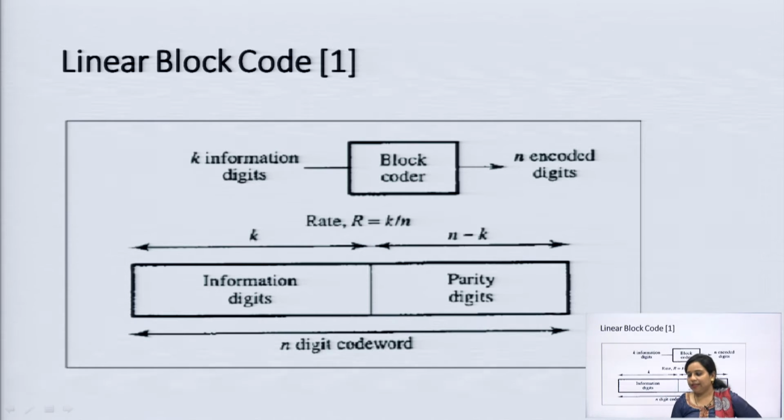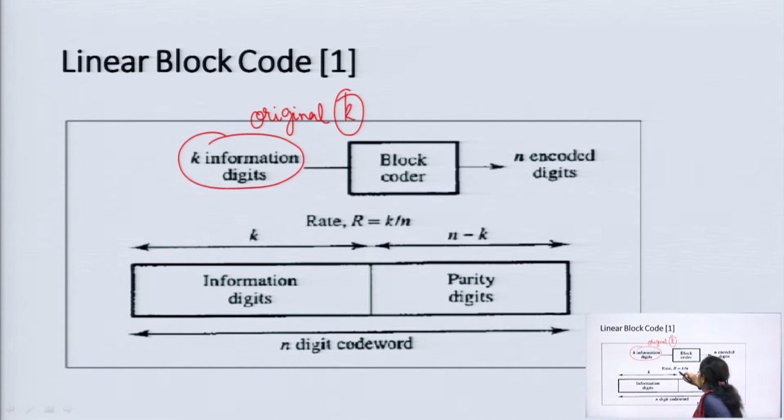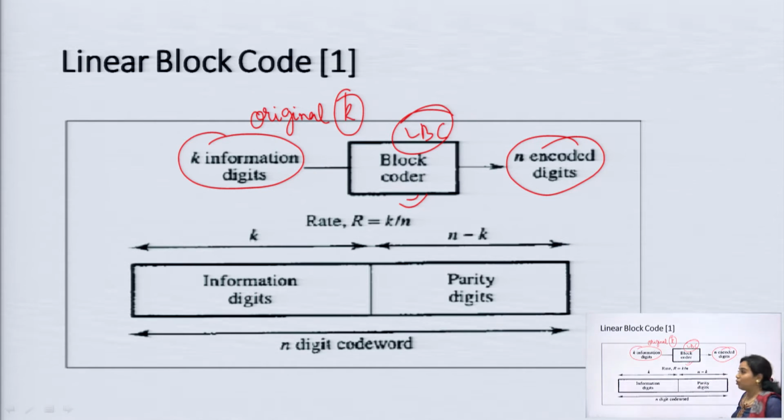So, this is the linear block code. What is a linear block code? These are the k information bits, the original data that you want to transmit, denoted by small k. It is given to this block coder, the LBC, that is the linear block coder, and what is received at the receiver side is the encoded bits.